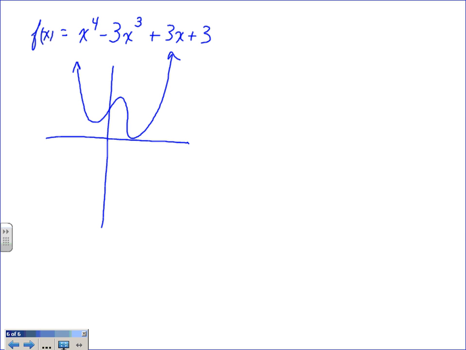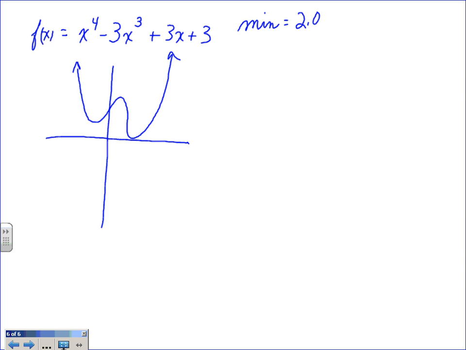Let's use our trace function to find minima. It looks like there's two of them. I'll go to my trace. I guess we could say, let's say that we have a local minimum at, would you say 2? And I'm going to write 2.0 because it does say we're going to round to the nearest tenth.